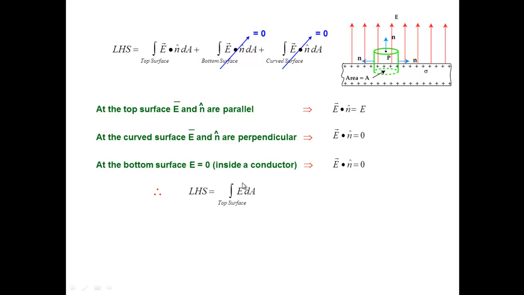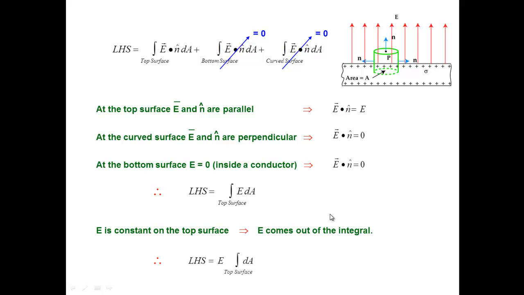So we get the integral of E dA on the top surface. And once again, similar to what we've done in previous calculations, we reason that since every point on that top surface is the same distance away from the conducting slab, the electric field magnitude should be the same everywhere on that surface. That means E comes outside the integral.